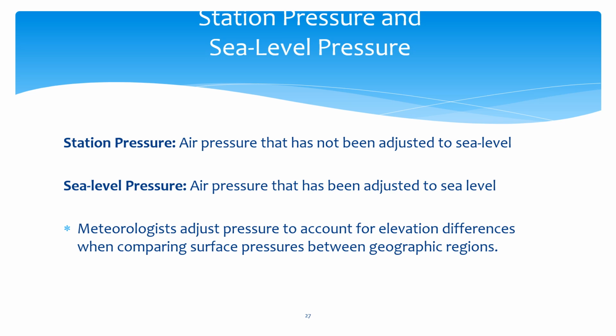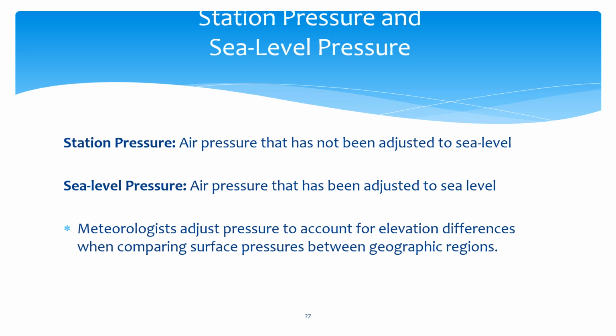Those differences in elevation can make it super difficult to compare the weather and the wind and what's going on at two different locations. So when we use air pressure measurements to do meteorological forecasts or some kind of calculations, we adjust all air pressures to sea level pressure.